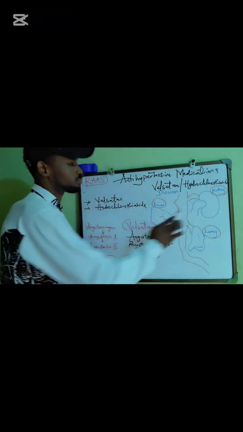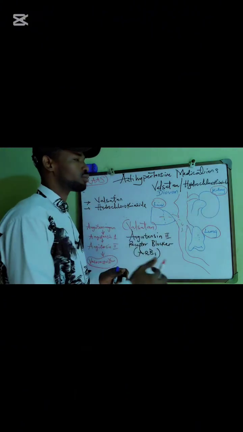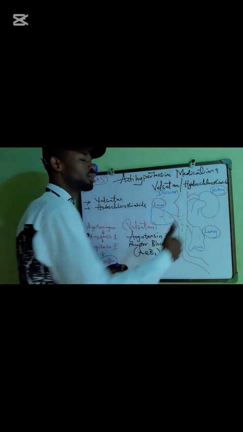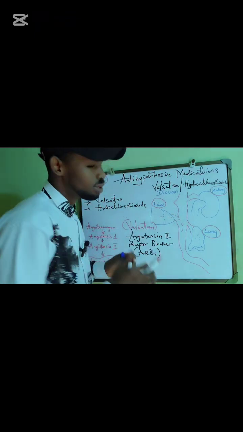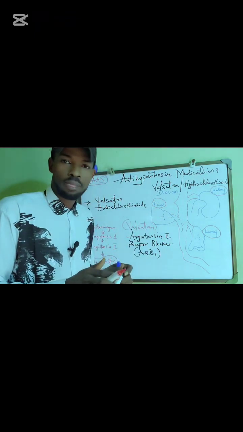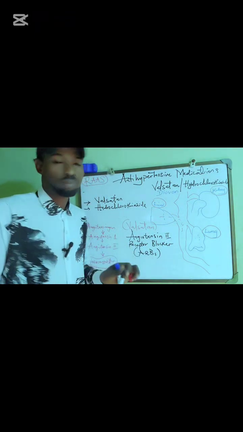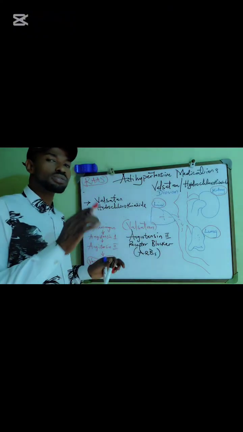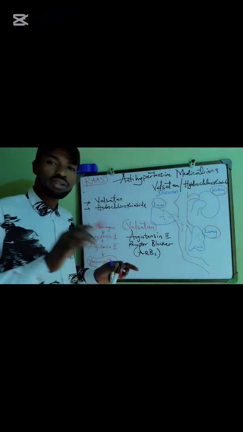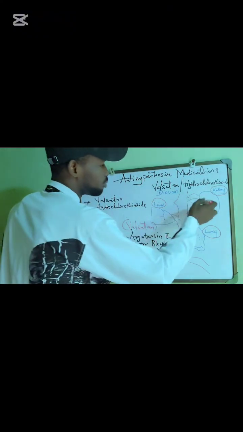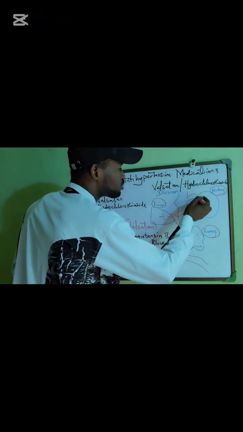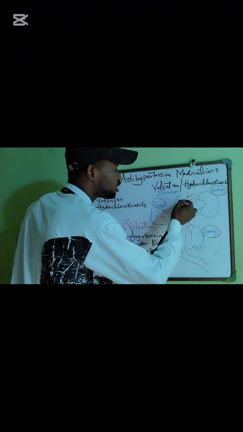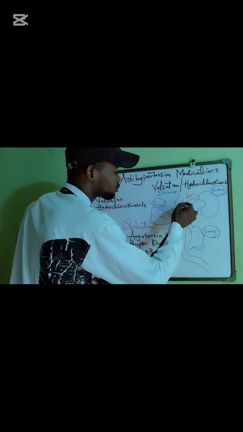Now, in the kidney, when the kidney begins to notice low blood pressure or low blood volume, the kidney responds by releasing renin. This renin travels from the kidney into the bloodstream.